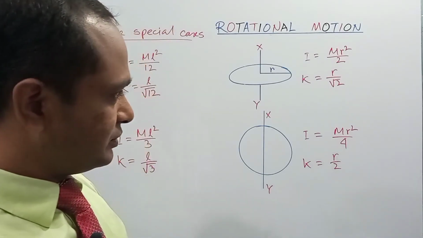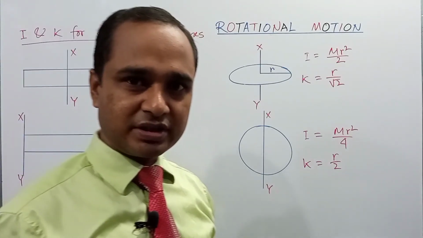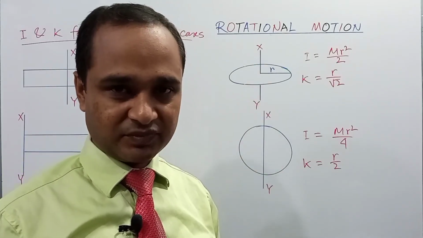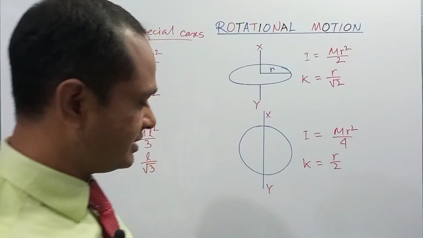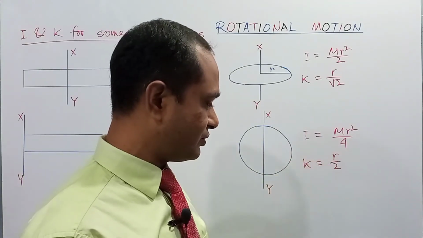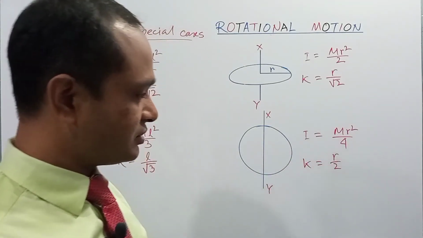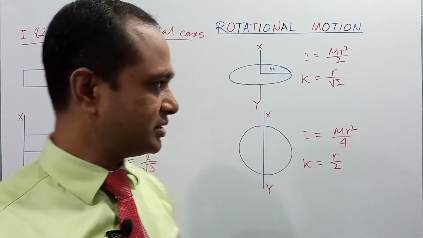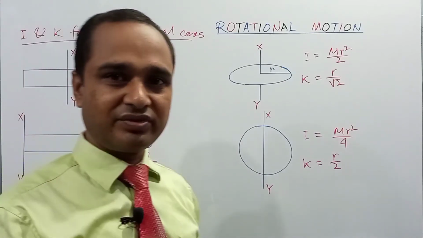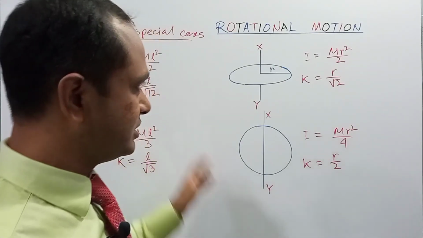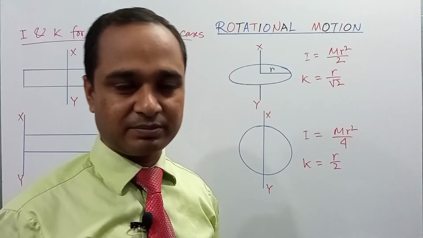But if we determine the moment of inertia of the disc with respect to its diameter, then the moment of inertia will be I is equal to m r square by 4 and the radius of gyration will be r by 2. So dear student, these expressions are very important for your MCQ exam and for creative questions, because we need to use the expressions to solve mathematical problems.